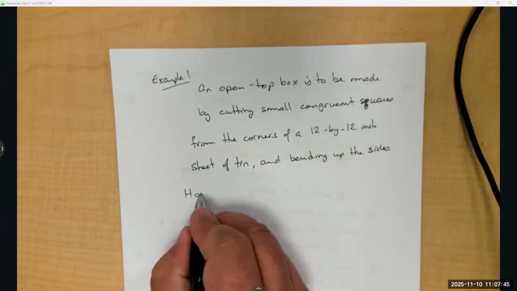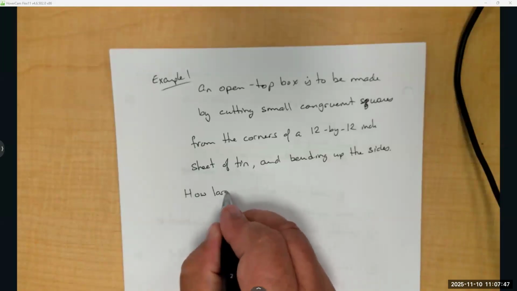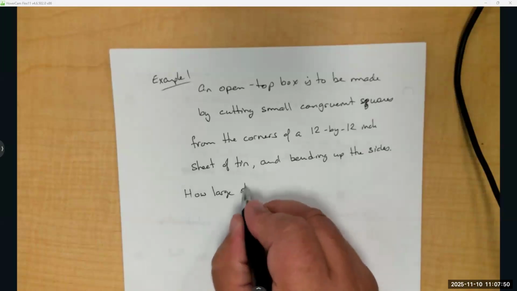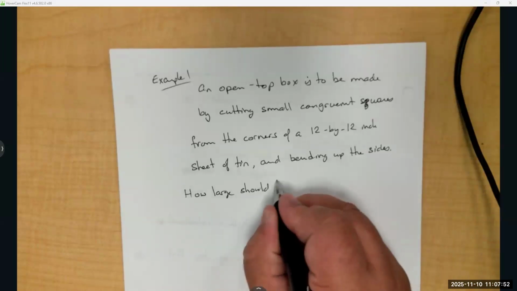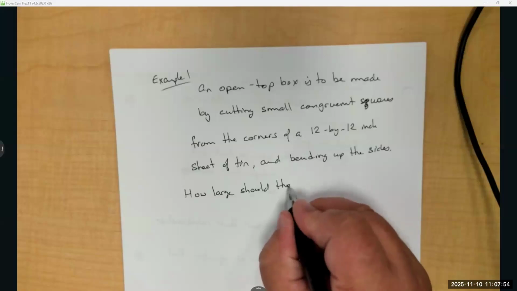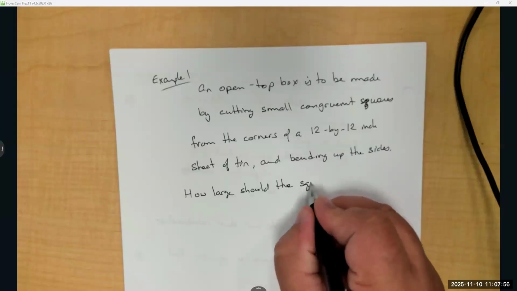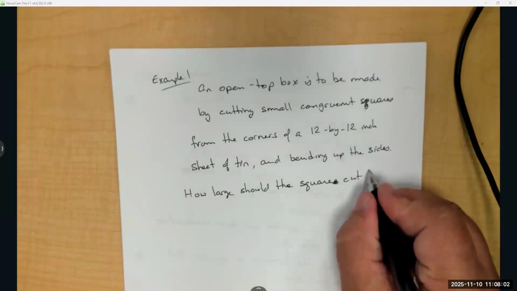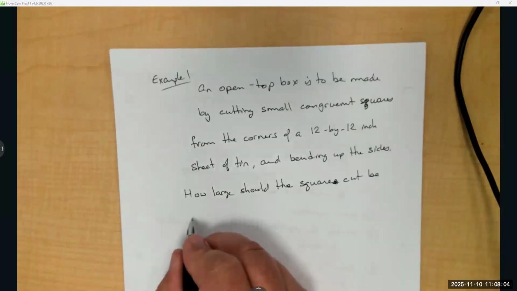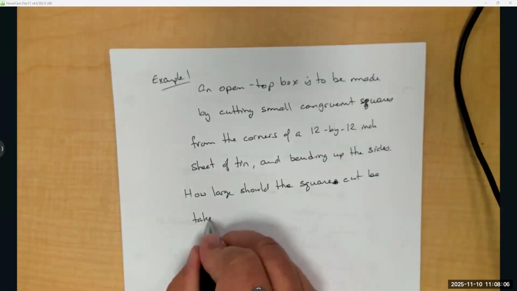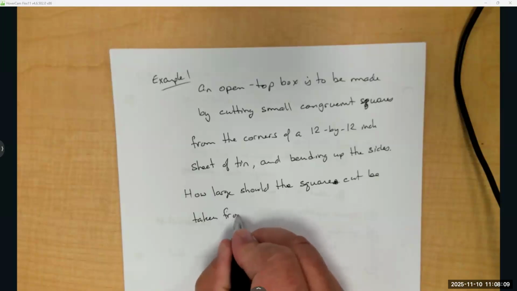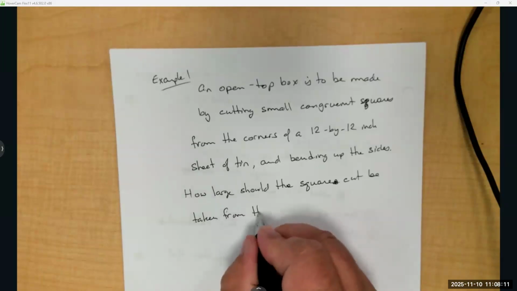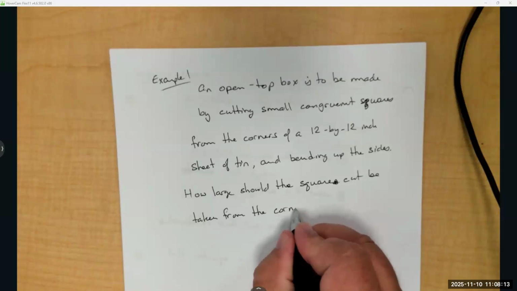So the question is, how large should the square cut be taken from the corners?